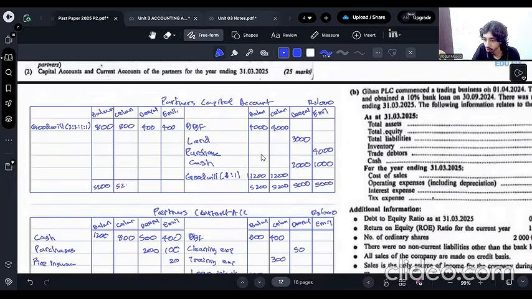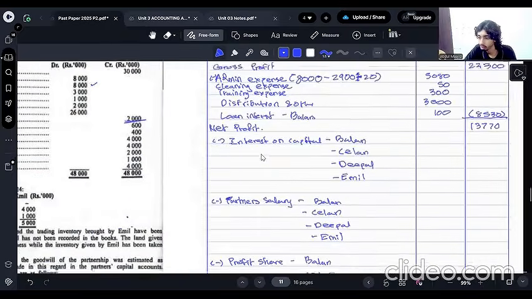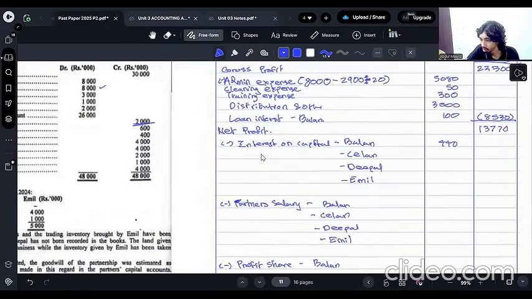BCD will be 5,200 minus 800, that is 4,400, 4,400, here 4,600, 4,600. Then interest on capital will be 440, 440, 460, 460. And total interest on capital is 1,800.